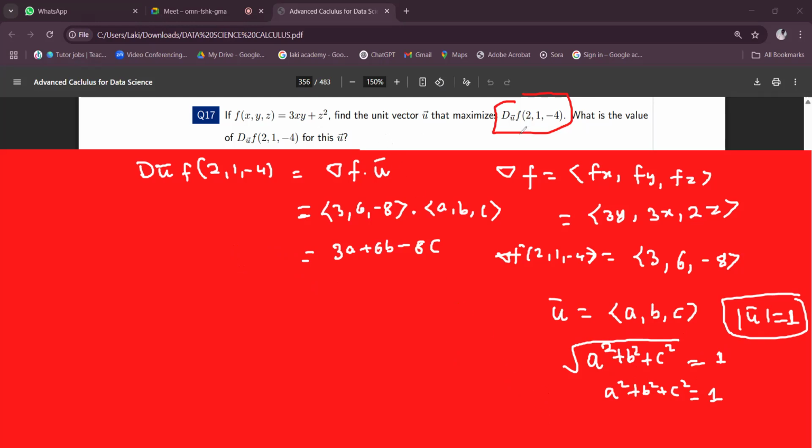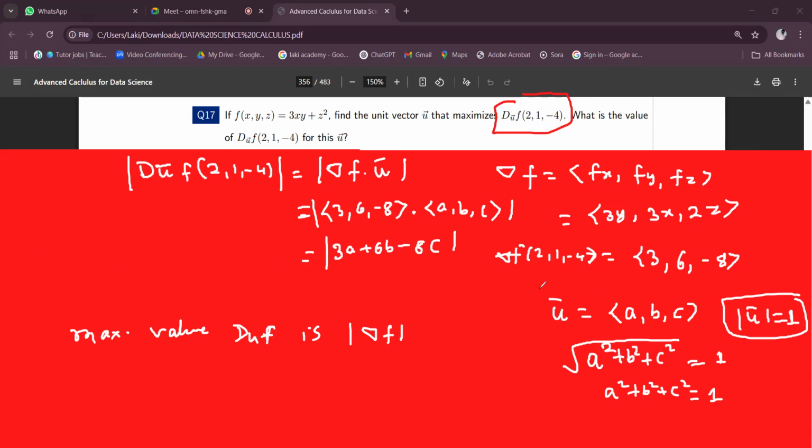And finally that maximize. Maximize means what? The maximum value of the directional derivative is the modulus of grad f.